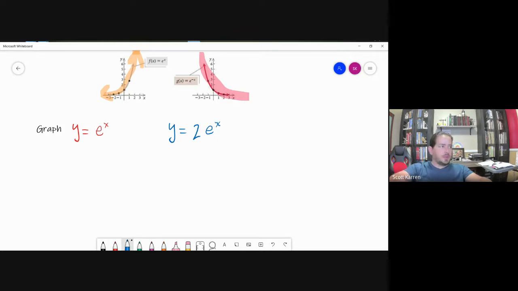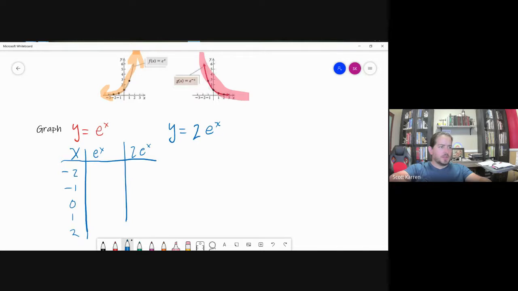So I'm going to grab some x values, and I'm going to go e to the x in one, and 2e to the x in the other. For my x values, we're going to just choose those -2, -1, 0, 1, and 2.